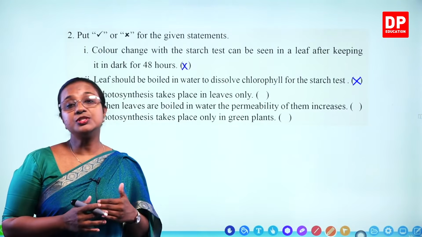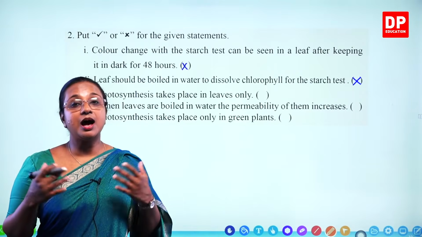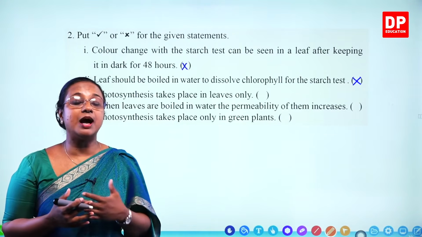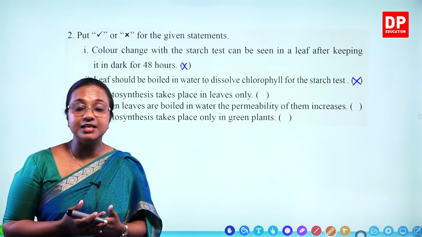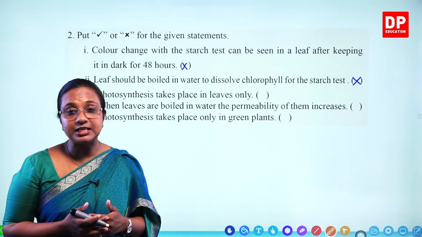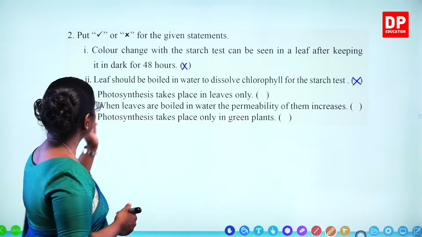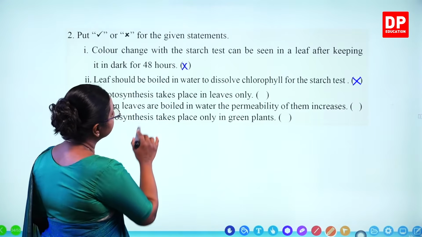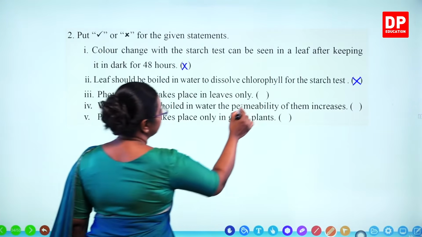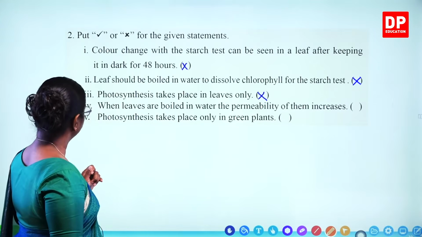So to reduce the loss of water, the plant leaves are lost and the stem becomes fleshy and green in color. So there the stems are photosynthetic stems. So they do photosynthesis. So then photosynthesis takes place only in leaves. That is also incorrect.